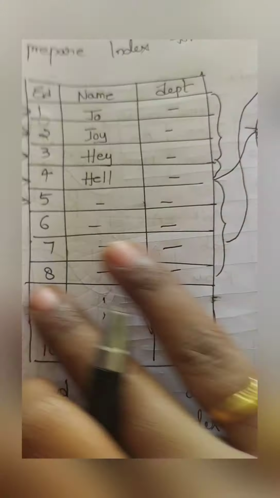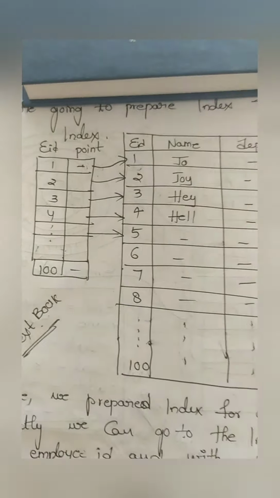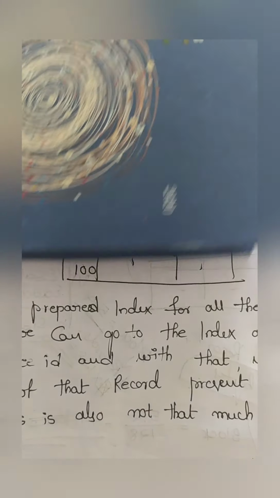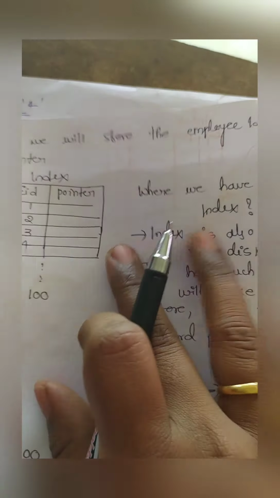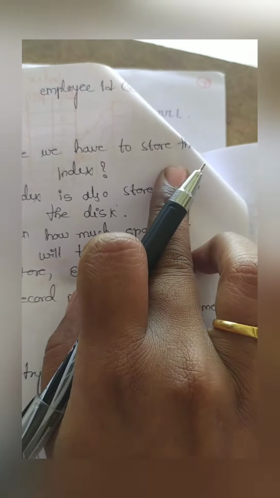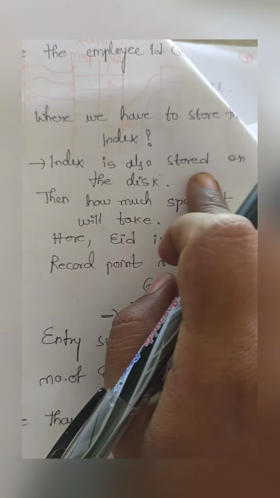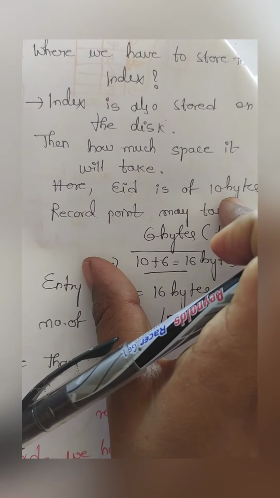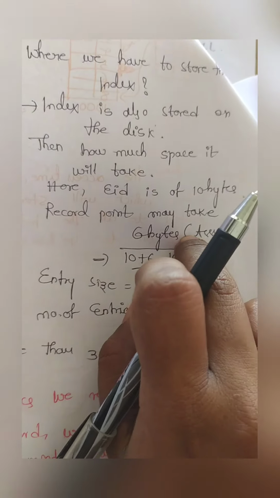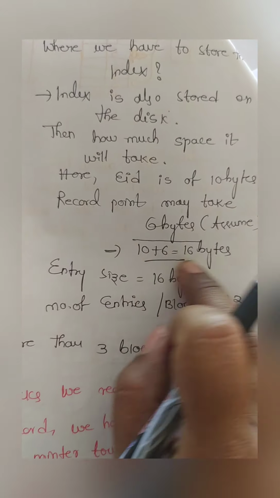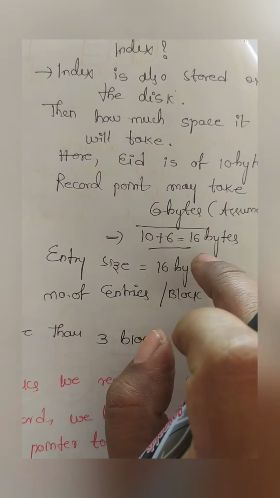To store all the index details, we may have to prepare another set of data. That is, the index we want to store for the employee id must also be stored in the disk. How much space will it take? Employee id is 10 bytes, and the record pointer may take 16 bytes, so the entry size is 16 bytes.